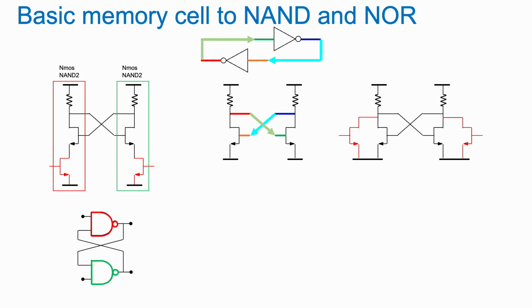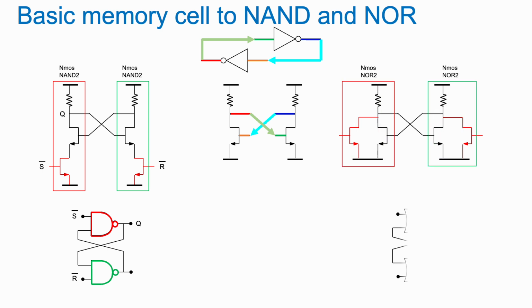The two added red NMOS allow us to add the set and reset bar inputs as well as the Q output. On the right side, the NMOS in parallel make up the two NOR 2 NMOS gates. The two added red NMOS allow us to add the set and reset inputs as well as the Q output.